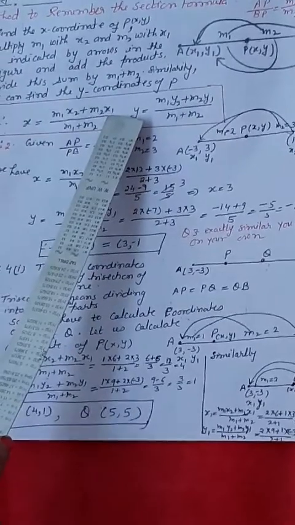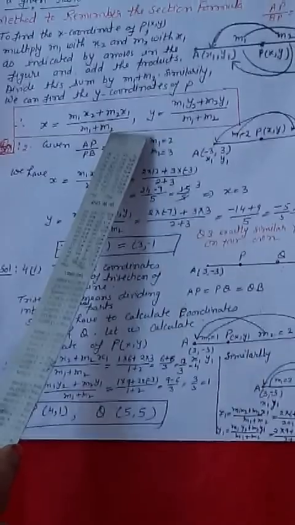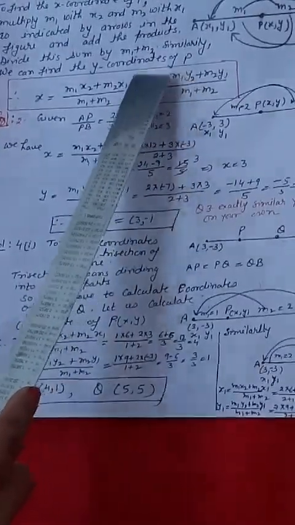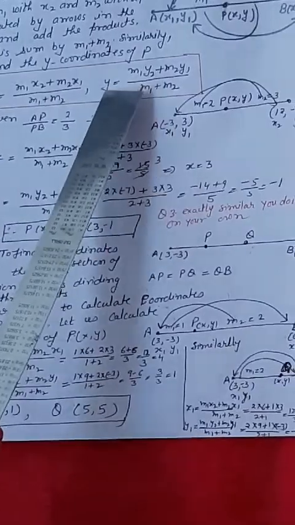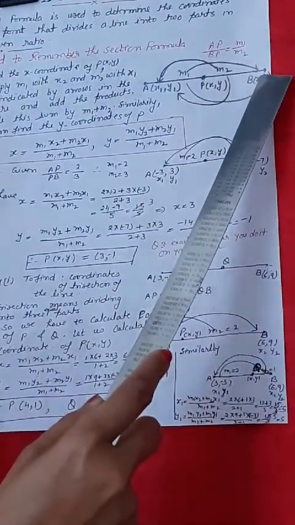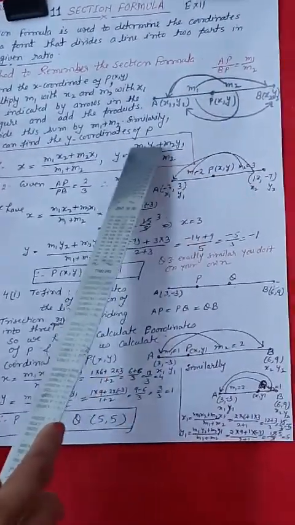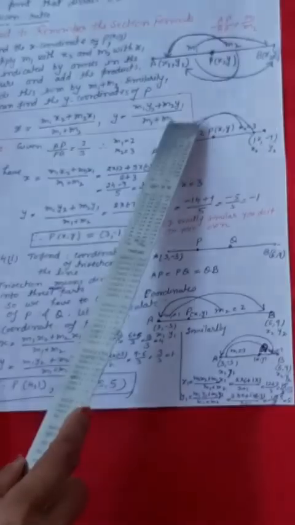It means M1 x2 plus M2 x1 divided by the sum of the ratio, M1 plus M2. Similarly, we can get the formula for the y coordinate. Y is equal to M1 y2 plus M2 y1 divided by M1 plus M2.